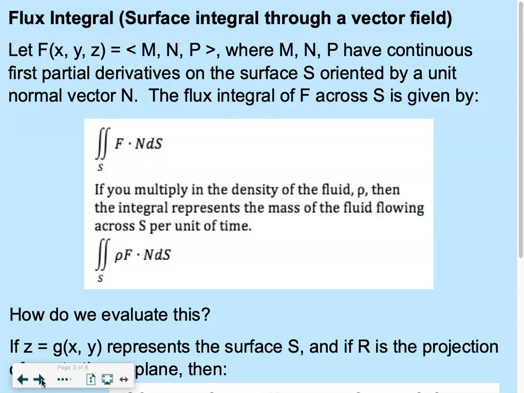The flux integral of F across S is given by the surface integral of F dot n, the dot product of F and n. If you multiply in the density of the fluid, then if the vector field represents fluid, the integral represents the mass of the fluid flowing across S per unit of time.